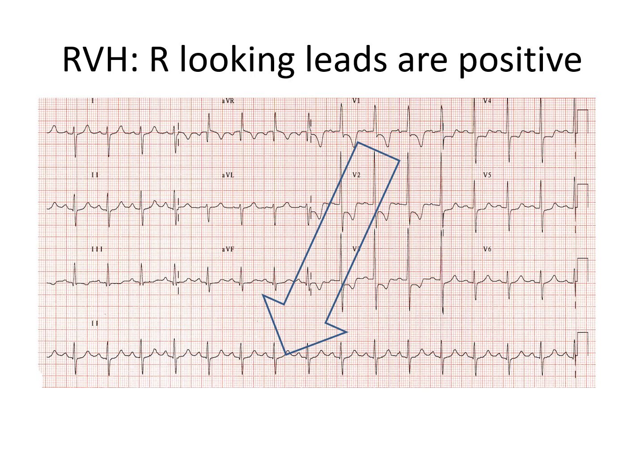So those are your criteria for RV hypertrophy. There are no universally accepted formal criteria, but if you see right axis deviation in both 2D and 3D and a narrow QRS, then you're dealing with right ventricular hypertrophy.